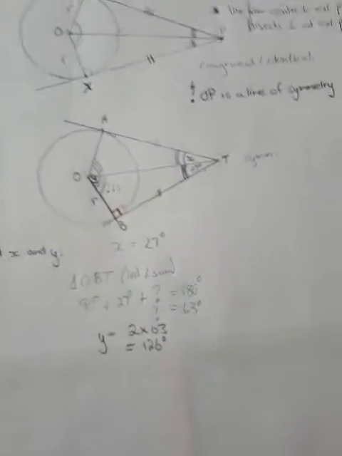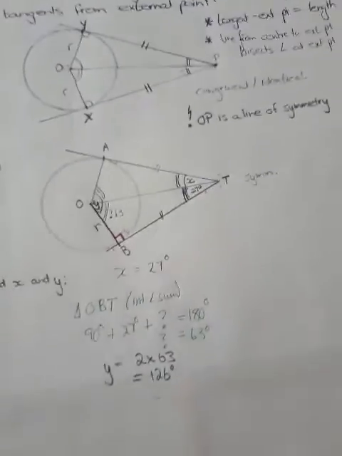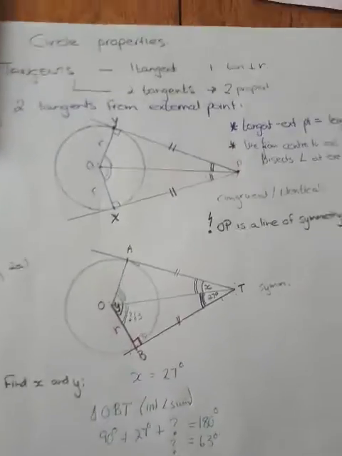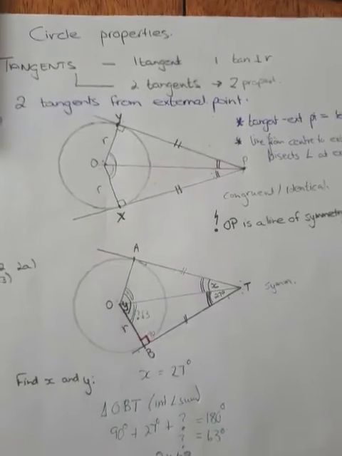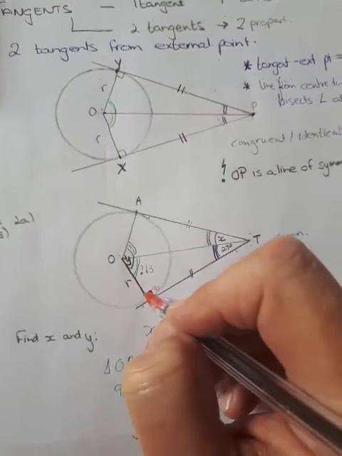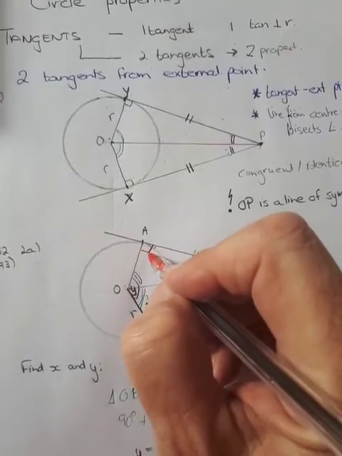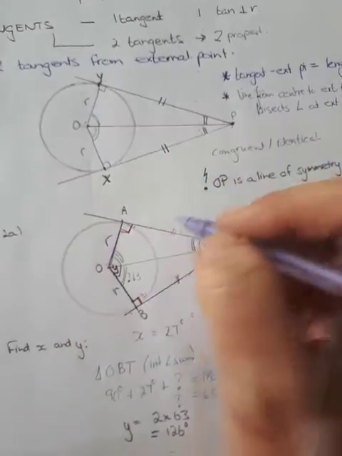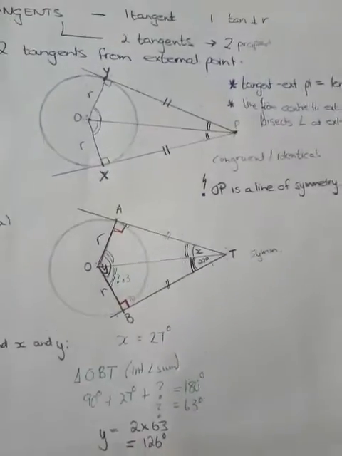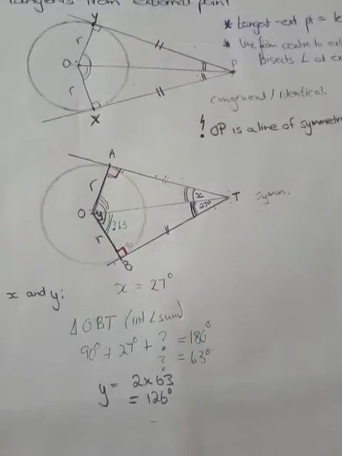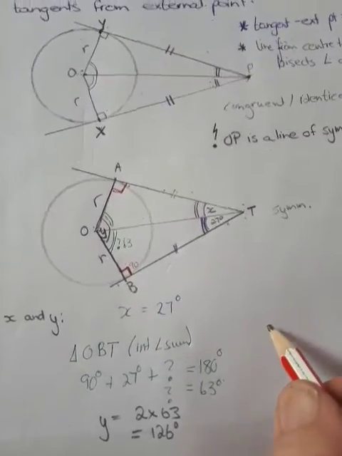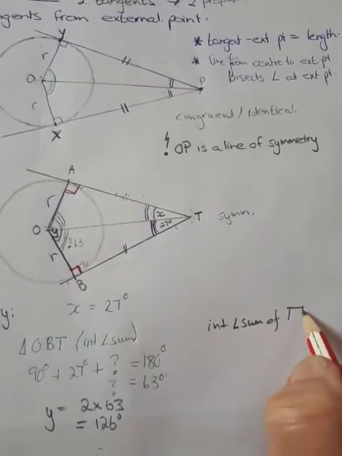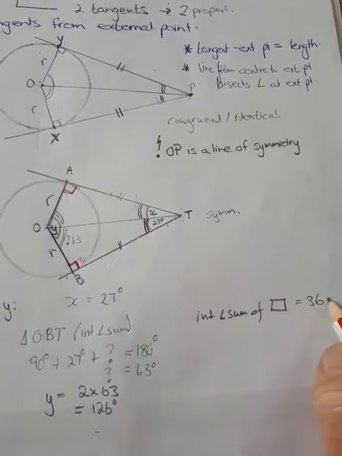The other possible solution I want to make you aware of, and that is very much the case in geometry questions, people, is that you've got different possible solutions. Remember, this one is 90 degrees, then that one is also 90 degrees because this is also a radius and that is a tangent. So this brings us to the property of the interior angle sum of quadrilaterals, which is always 360 degrees.